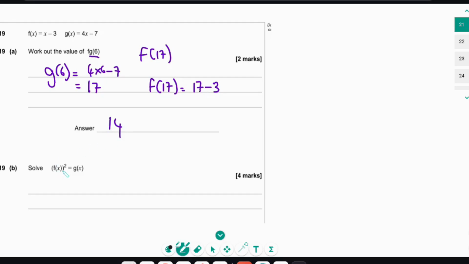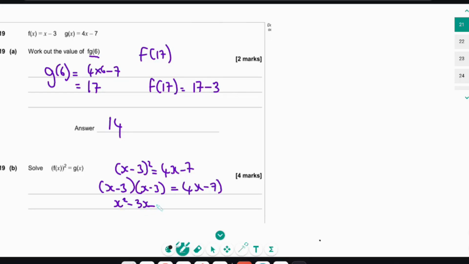Solve f of x squared equals g of x. F of x squared is x minus 3 squared, which is equal to 4x minus 7. Let's expand these brackets. So x minus 3 squared means x minus 3 times x minus 3. X squared minus 3x minus 3x, minus 3 times minus 3 is positive 9, equals 4x minus 7.